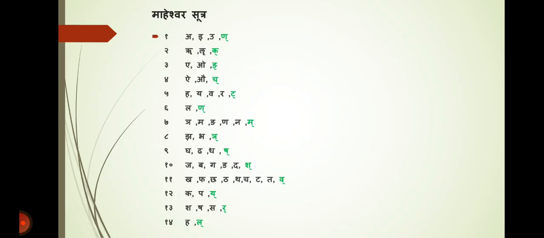Now, these are the Sanskrit alphabets. As you can see, the arrangement is different. I have shown 2 colors. There are 14 sutras, as they are called. As you can see, it is a collection of a particular set of alphabets, followed by a different letter, which is shown in green in this slide.